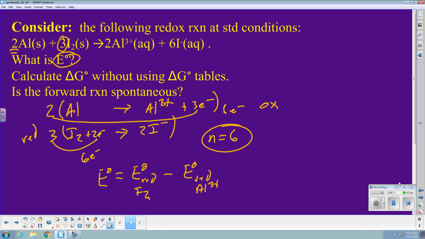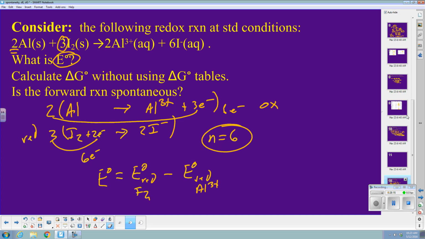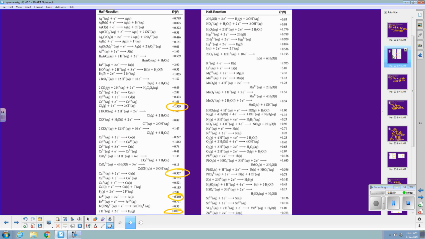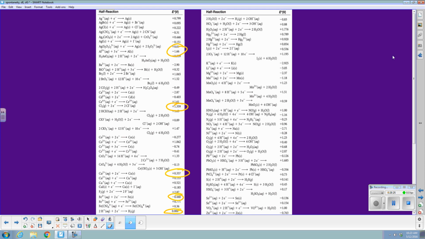Let's go check those out in our table. Back here, I need iodine and aluminum. You guys may have those memorized, but I sure don't. Here we go. Let's find aluminum: a negative 1.66. And what's my iodine? That one should be circled. Nope. There it is, a positive 0.536.